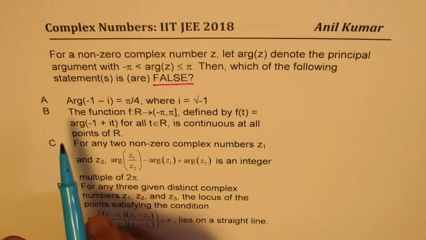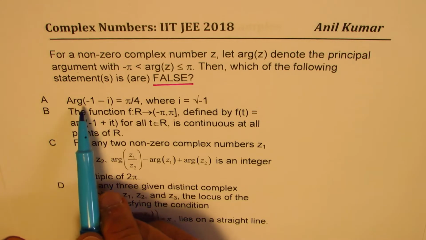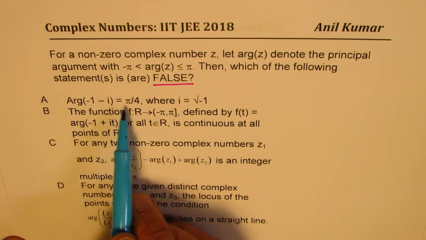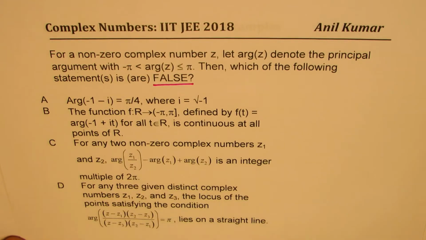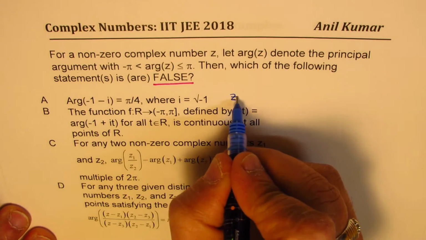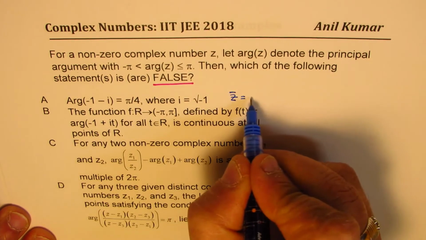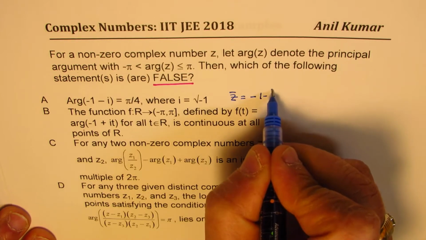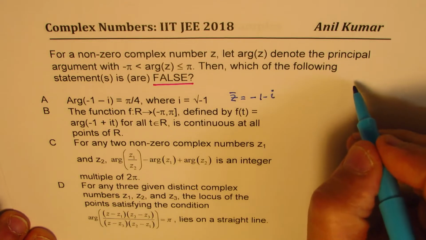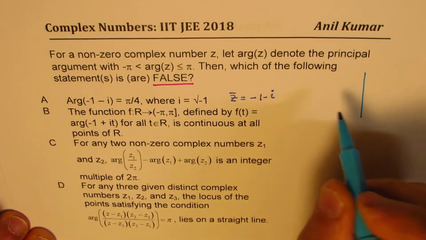The very first one is argument of minus 1 minus i equals pi by 4. So the vector given to us is minus 1 minus i, and they are saying argument is pi by 4. Well, that definitely is wrong.